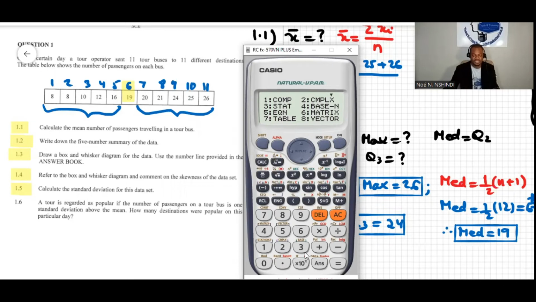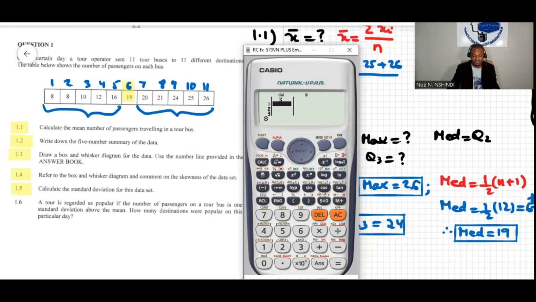Then you press 3, and then you have the set option. Now we only have one variable here, single variable, so I select 1 for that, and then I can enter my values. As we have 8 there, I press 8 and validate that by pressing the equal sign.